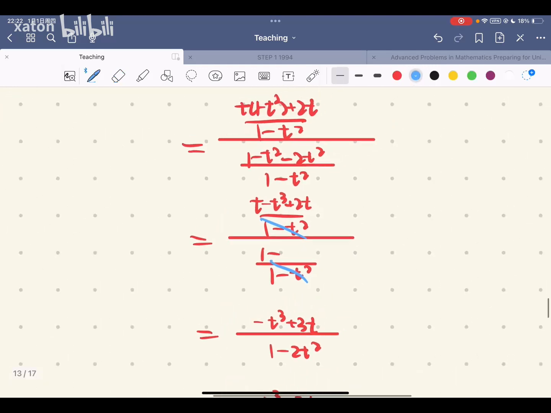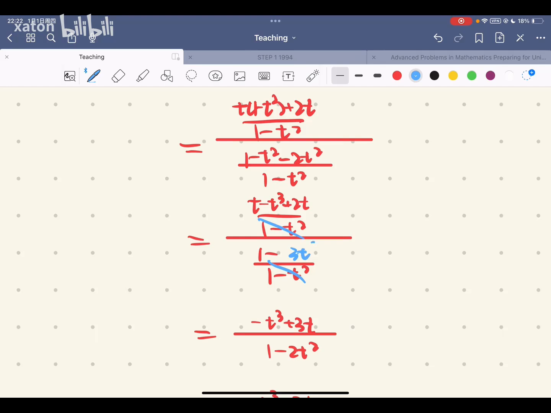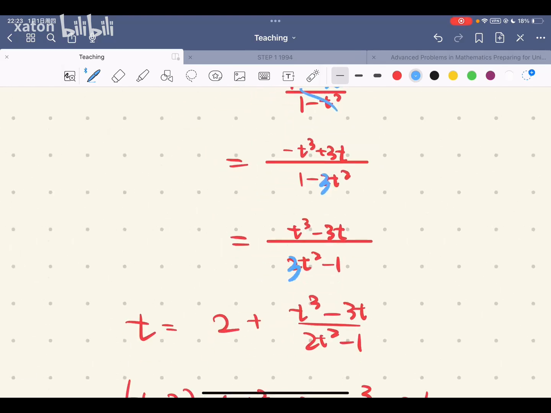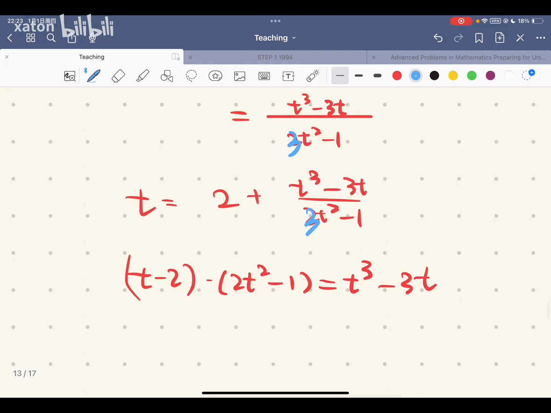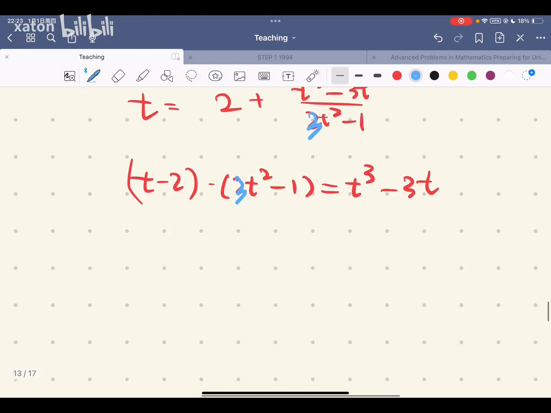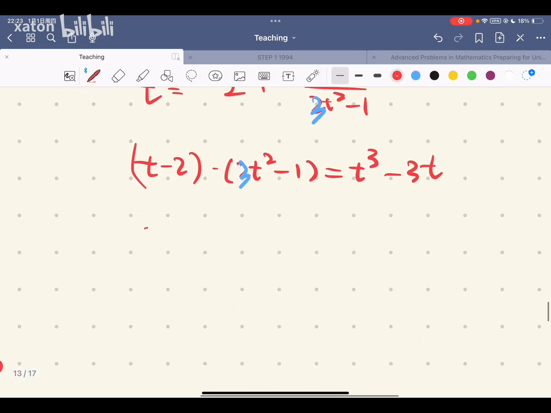It's just 3t squared. Okay, whatever, let's go. 3t squared minus... okay, no talking. I don't want to make any more mistakes.